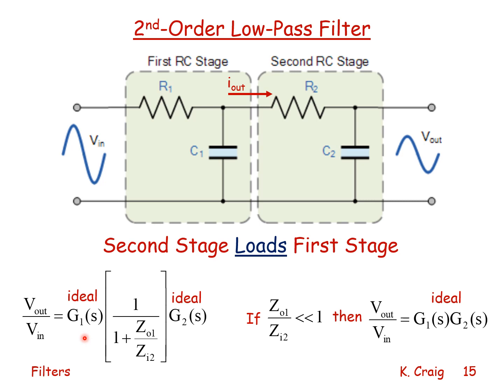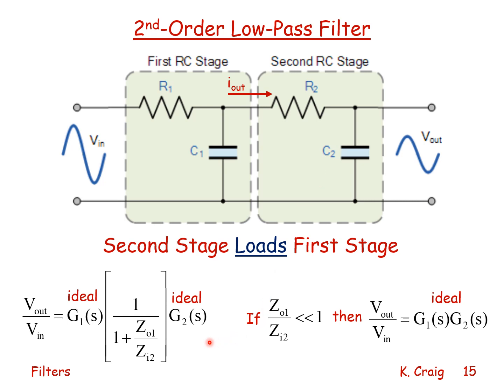G1 is the ideal unloaded RC low-pass filter transfer function. The modifying factor is 1 over 1 plus the output impedance of the upstage filter divided by the input impedance of the downstage filter.